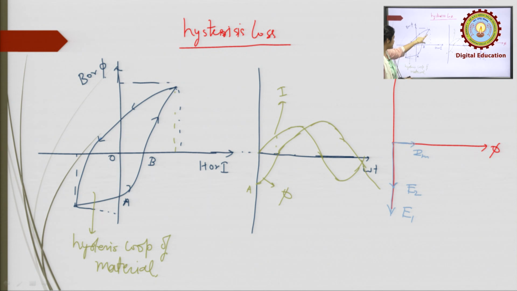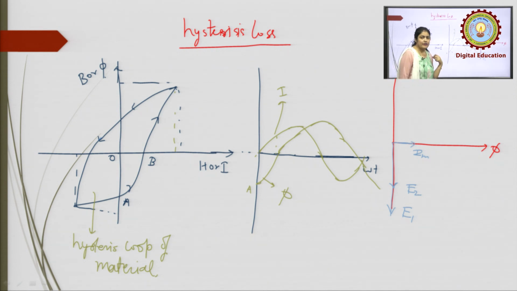So due to this hysteresis loop, you have seen that at this point A, the flux is negative, while at that same point the current is 0. As the flux reaches the 0 value, the current has some finite value.